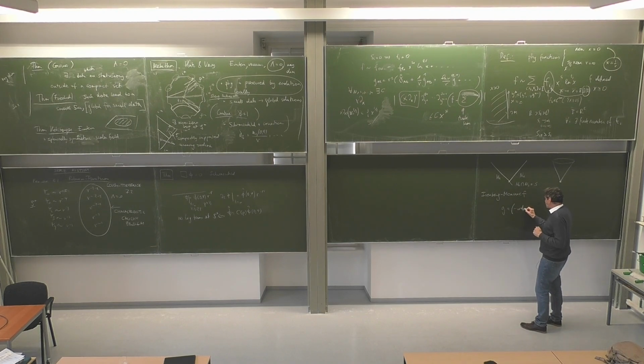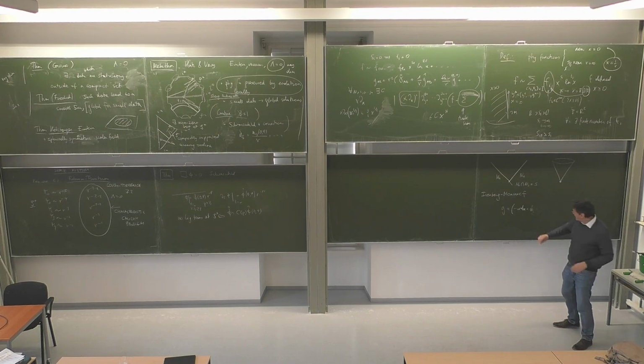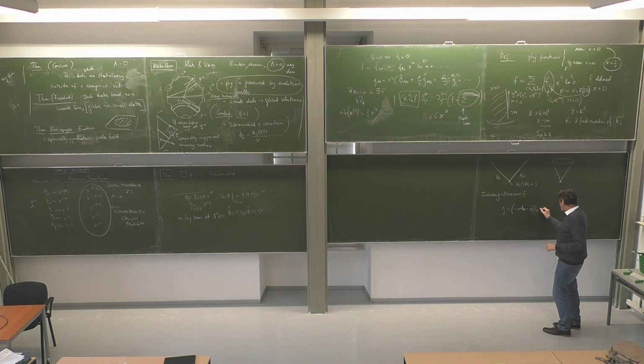And so the way you write the metric is g equals minus alpha du plus dr plus u. Let me take my notes. I don't want to write something wrong. So this one I'm sure is like that.